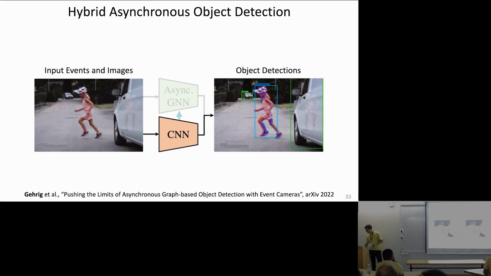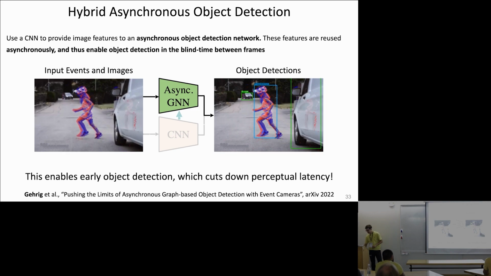You can see that we are using the CNN on the images to detect objects, and then we use the graph neural network to propagate the detection forward in time in this asynchronous way. And by doing this, we can overcome the perceptual latency of frame-based cameras.